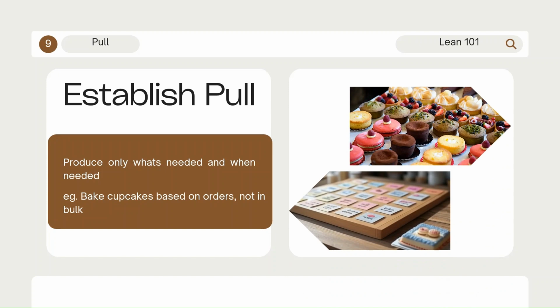In the first picture, you could see that every type of cake has been manufactured in bulk, which should not be done, so there's a cross on it. And in the second picture, you could see a Kanban kind of picture in which multiple colors are there. Maybe it has the names of the cakes that are to be produced, and they have been pre-ordered. So this is the right approach.